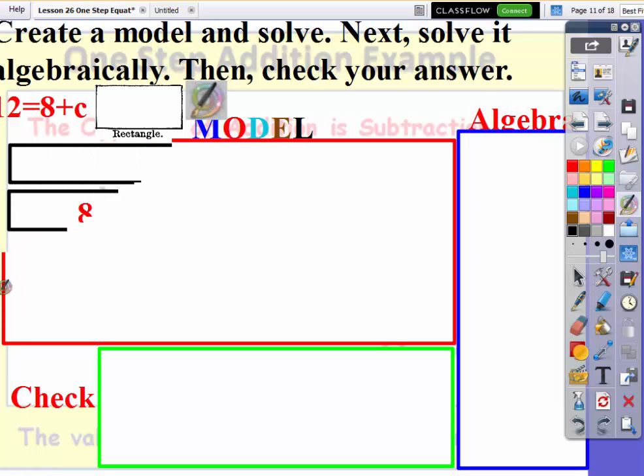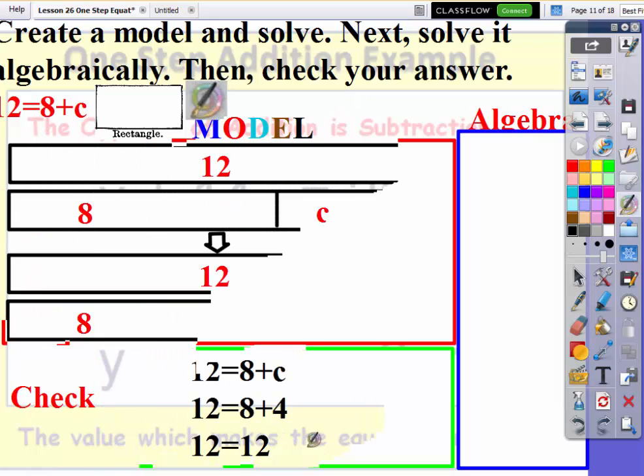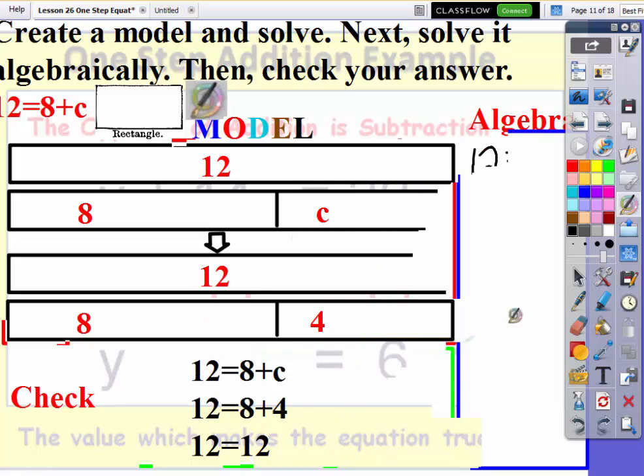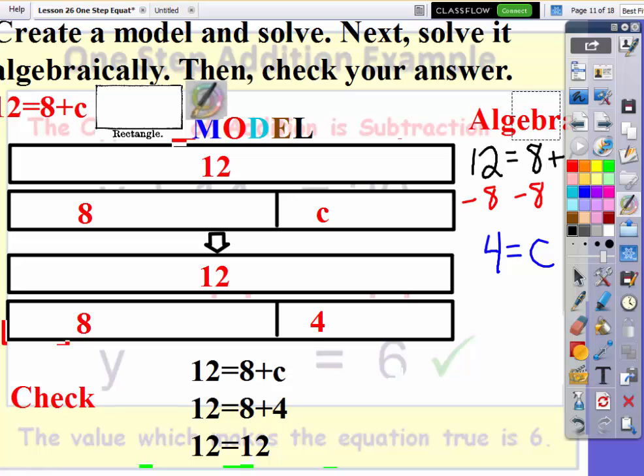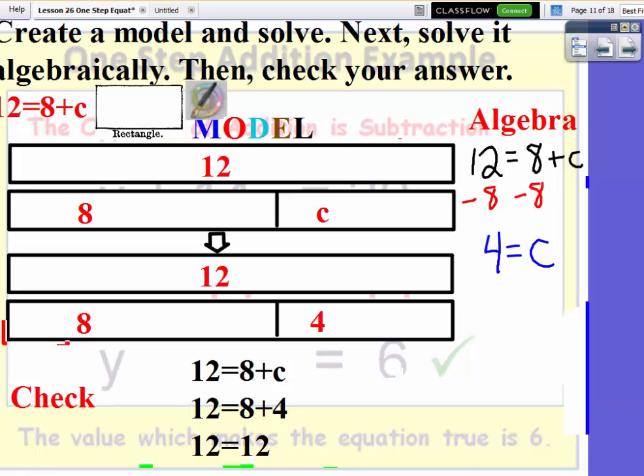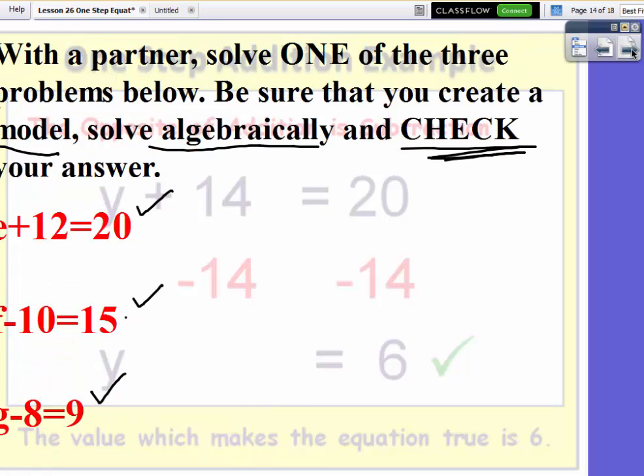I'll erase it for you so you can maybe pause it if you need to come look back at it, and then you can fast forward back to where those problems are, or however you would like to solve it. But you're using that model, solving it algebraically, and then showing me with your checked work. So pick one of those, give it a try. When you're done, turn it into the turn box and then go to the next part. So I'm going to have you pause your screen and then solve one of these, turn it into the turn box, and then continue on with the lesson.